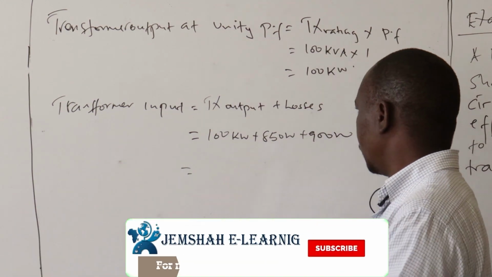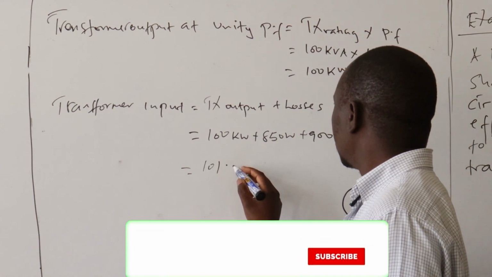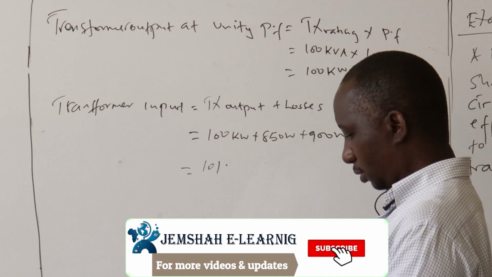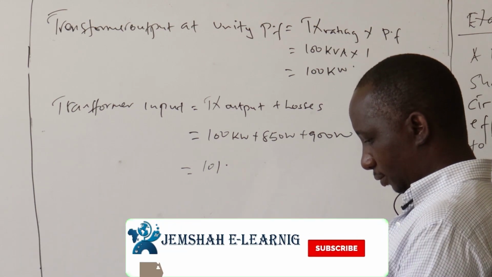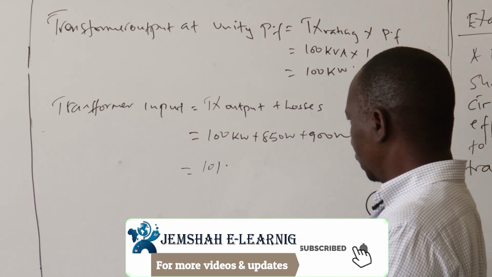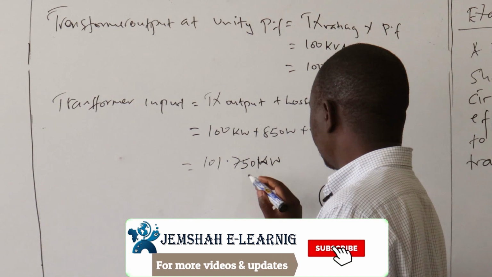So you have 101 plus 0.75, that is 101.75 kilowatts.